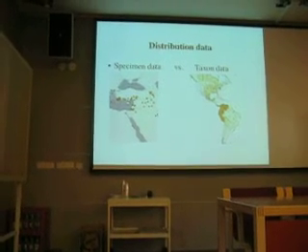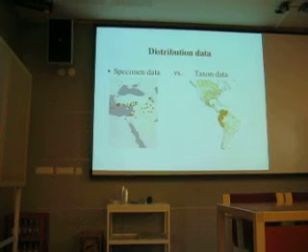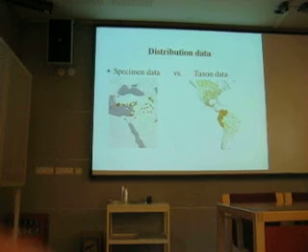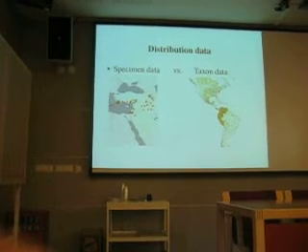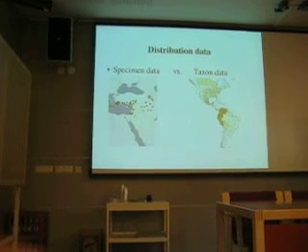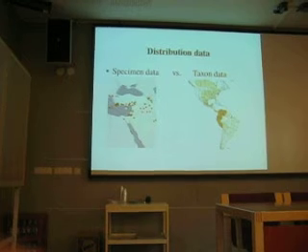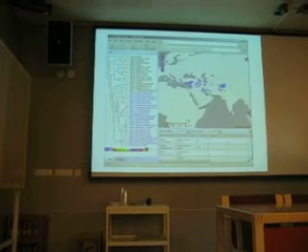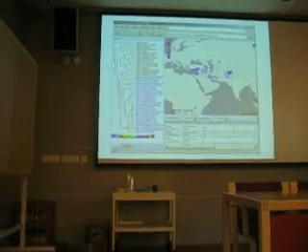Again, note the difference here between specimen and taxon, where specimens pertain to physical things, physical collections, whereas taxon data does not, in a direct way.